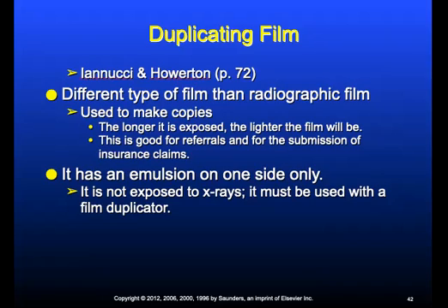You can use duplicating film when processing your film. It has an emulsion on one side only. It is not exposed to X-rays, and it must be used with a film duplicator. So if you don't have dual films in your film packet and you realize that you needed actual duplicates, let's say for insurance referrals, or if you're going to be referring the patient to an outside specialist, duplicating films are good to be able to copy your X-rays without having to take another film.